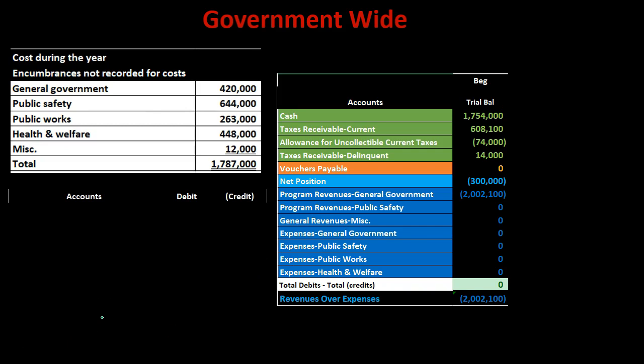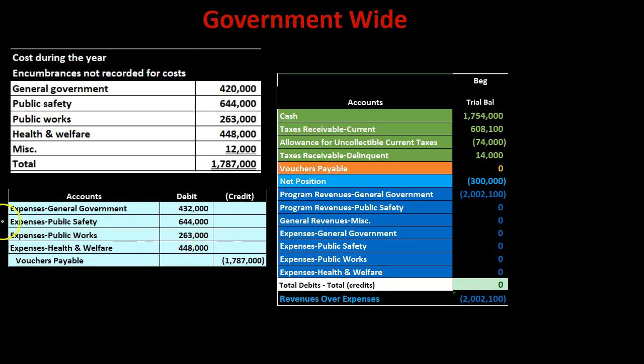What about the government-wide type of activities? Well, we're going to have much the same thing, except now we're going to break out more detail in terms of the expense accounts rather than the expenditure accounts. So we're going to have the expenses for the general government, the public safety, the public works, and health and welfare. We're going to break them out individually now, and then the credit will be the same amount of the total.